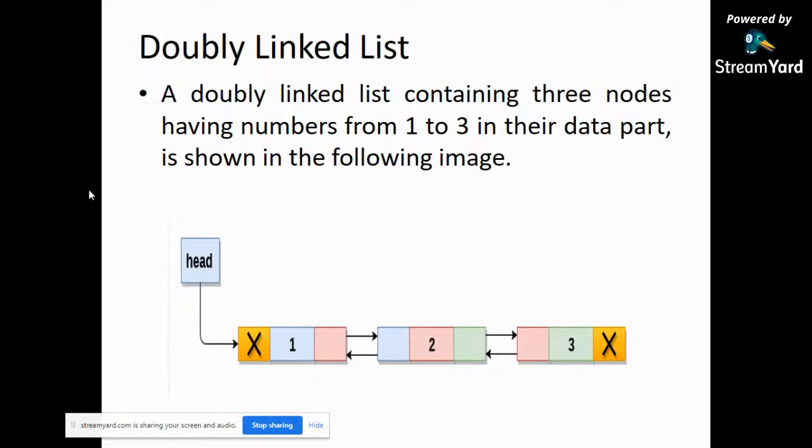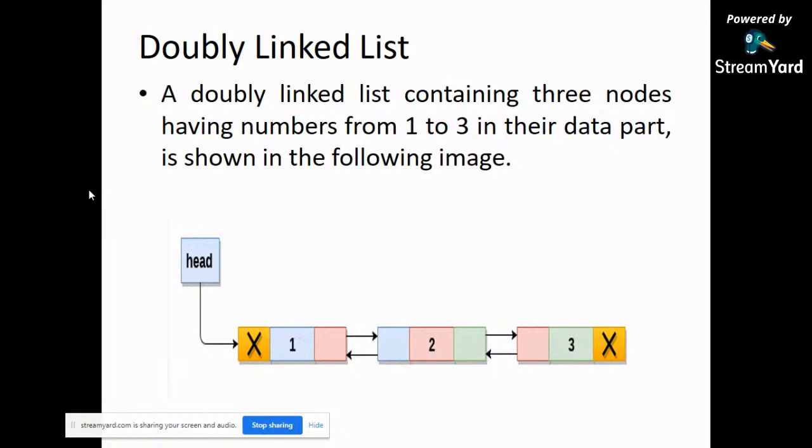In this diagram, a doubly linked list contains three nodes having the numbers 1, 2, 3 in their data part. With the help of head, we can visit the first node, which has data 1. Then we can move further, it is data 2. Then we can move further, it is 3, that is the last node.